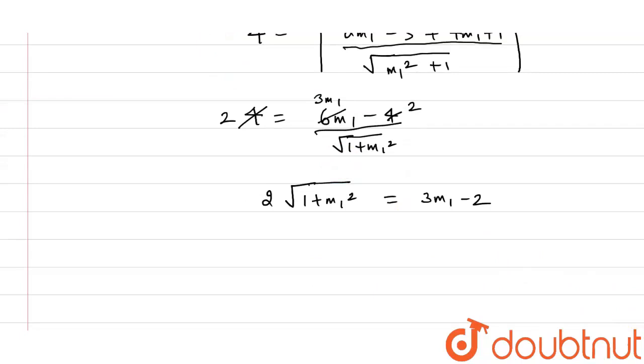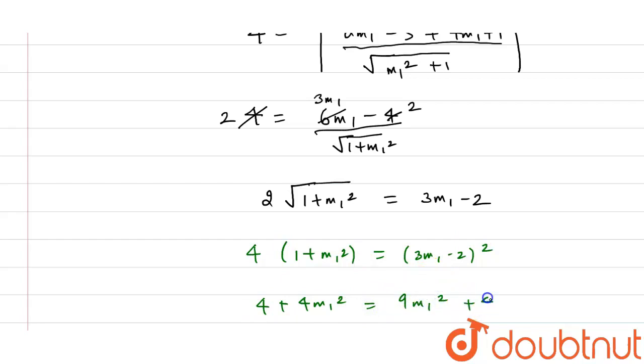Now by squaring both sides, we get 4 multiplied by 1 plus m1 squared equals 3m1 minus 2 whole squared. So 4 plus 4m1 squared equals 9m1 squared plus 4 minus 12m1.